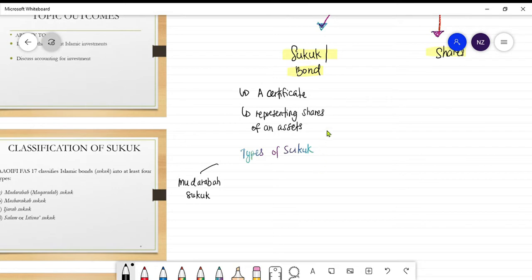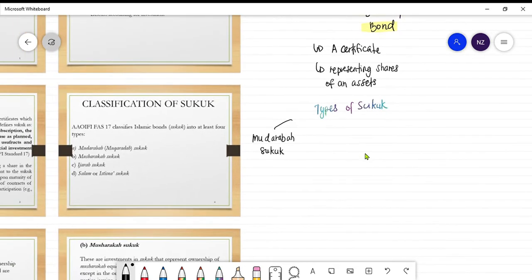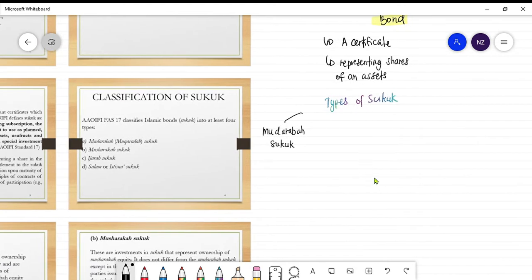So there are several types of sukuk according to the Sharia contract. According to the slide, AAOIFI FAS 18 classifies Islamic bonds into at least 4 types. The first type is mudarabah sukuk, musyarakah sukuk, ijarah sukuk, and salam and istisna.